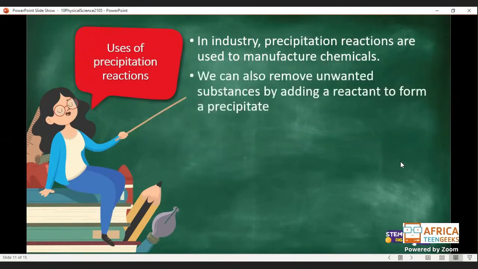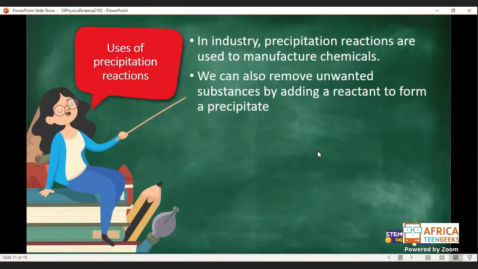And the other one that we don't investigate but that you have to know about is that we can remove unwanted substances. So if we know we have something iodine in there, something iodide, and we want to remove it, then we can add silver nitrate, we get the precipitate, and then we can remove the precipitate relatively easy from whatever we're dealing with.